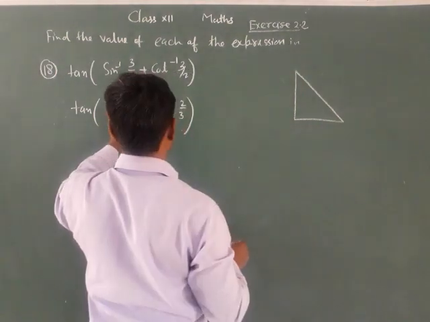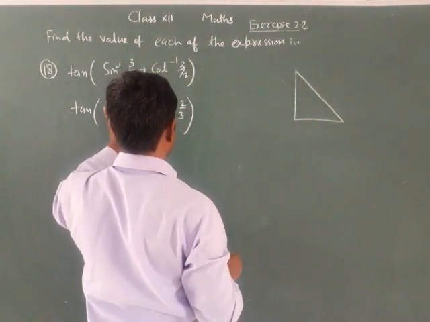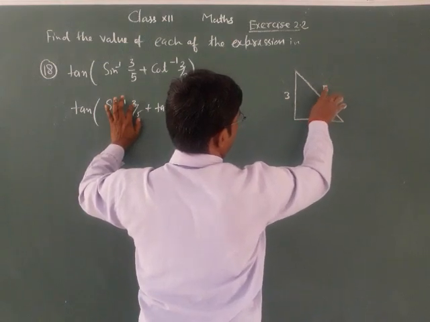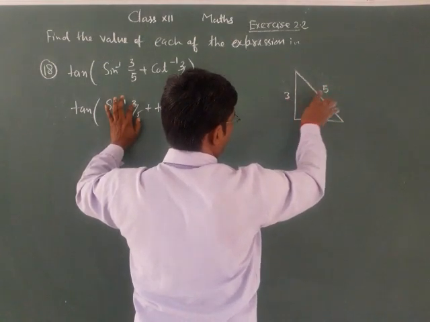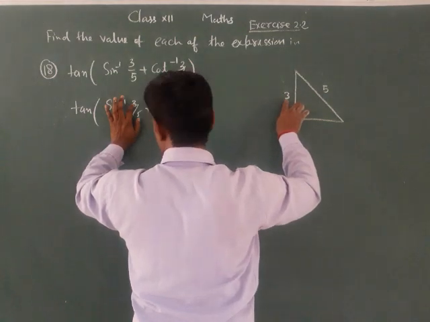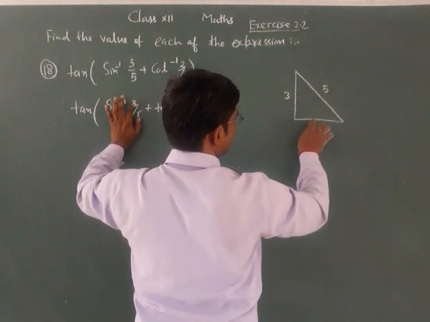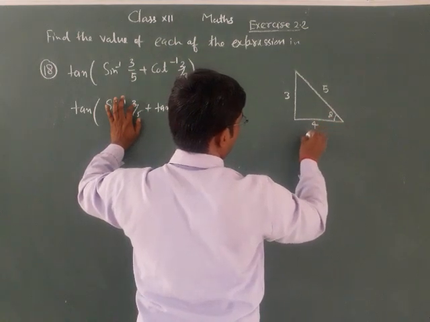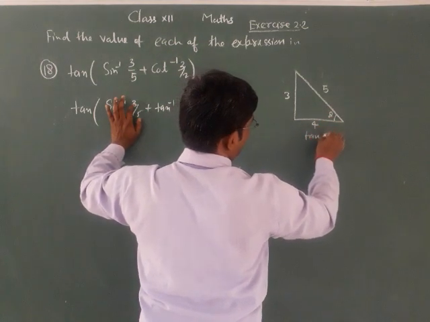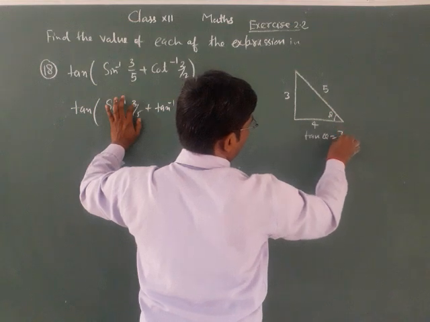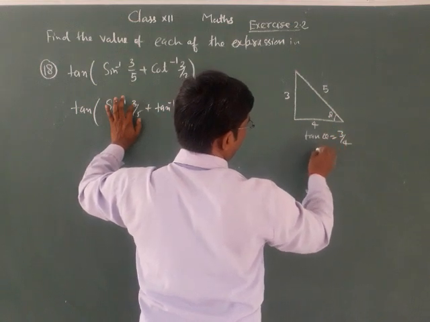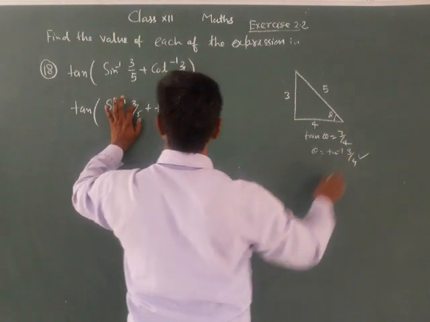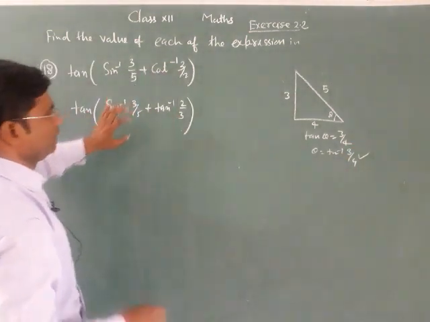So this is p by h, p 3, h 5. So 5 square 25 minus 3 square 9 is equal to 16, 4. So this is suppose theta. So tan theta is equal to 3 by 4. So theta is equal to tan inverse 3 by 4.